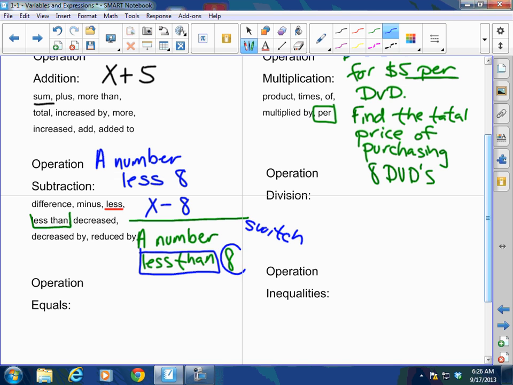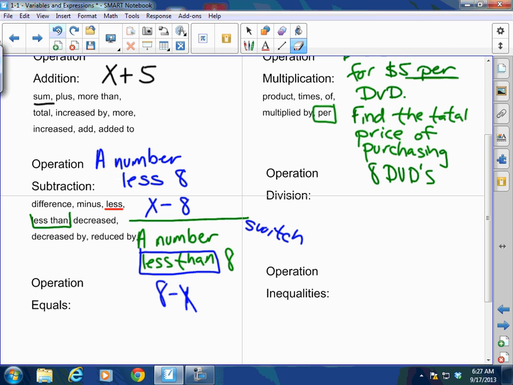You're going to switch the last value for the first value. So basically, what does that mean? A number less than 8 is 8 minus x. You switch the last value for the first value. Less than means switch. That's a big one. A lot of people mess up with that, so please be careful.